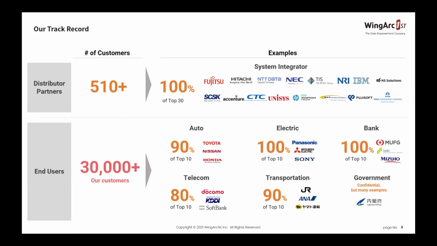Here are some household names that you may be familiar with. All of them use our data empowerment tools to digitalize their operations and use data analytics for real-time data-driven decision-making. This gives us confidence that we can tailor our data empowerment tools to work with almost any business.